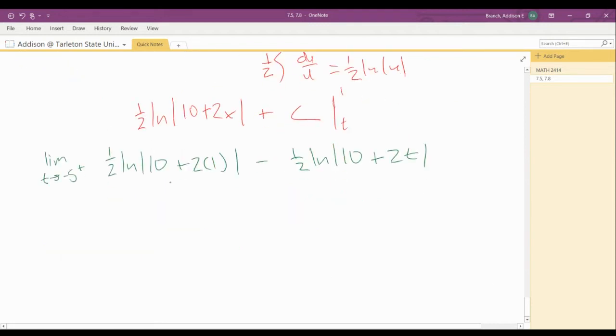So if we look at this, we get just 1/2 natural log of 12 for the first part. The second part, now we have to look at this. If we're saying that we're approaching -5 from the positive, that's essentially like we are plugging in -4.999 and so on and so forth.